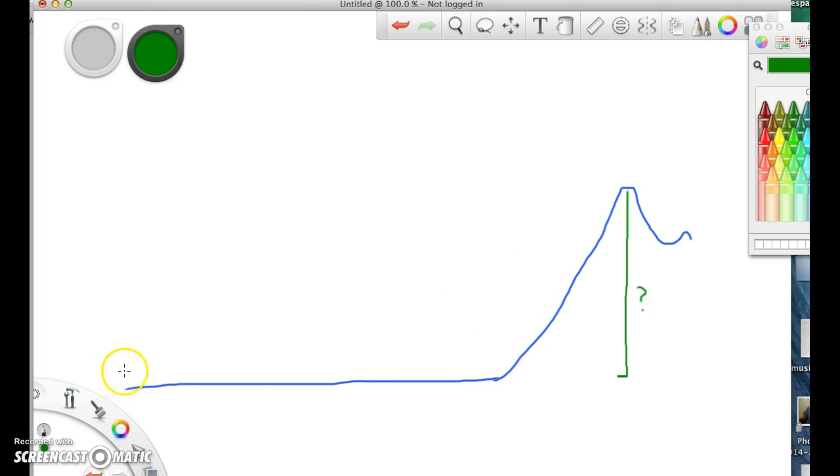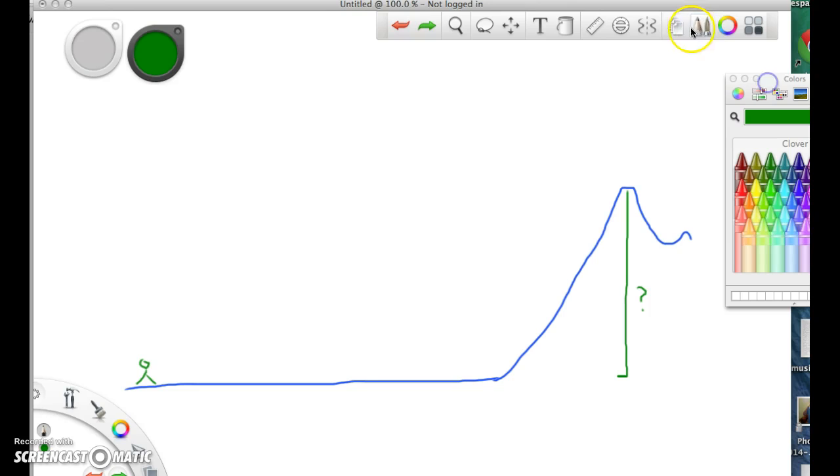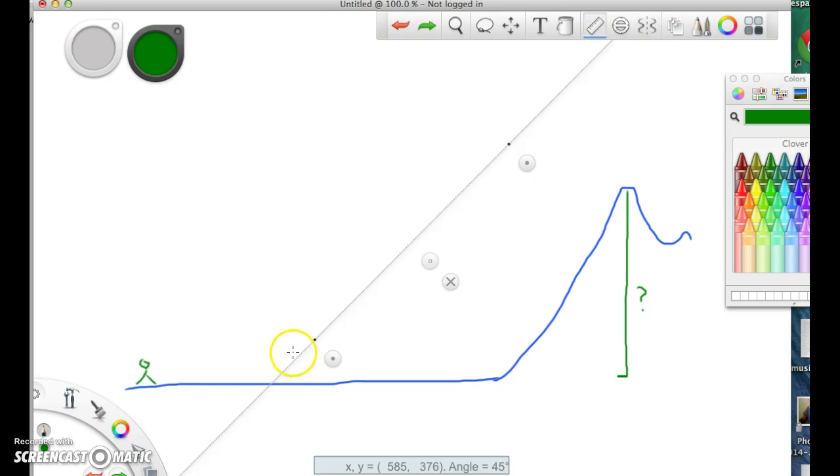Okay. So what you could do, you could be standing here. Let's say you're standing here, and you measured from here to, whoa, that's really bad. I wonder if I have a line tool here. Oh, look at that. Fancy.